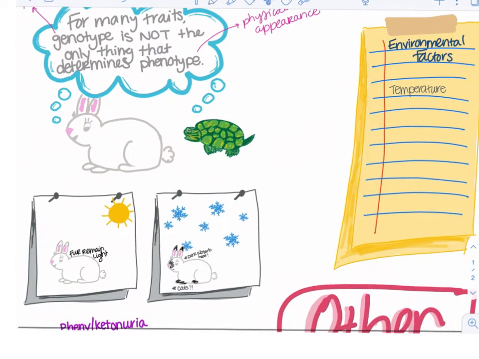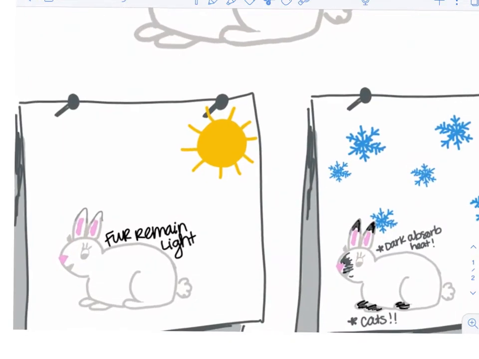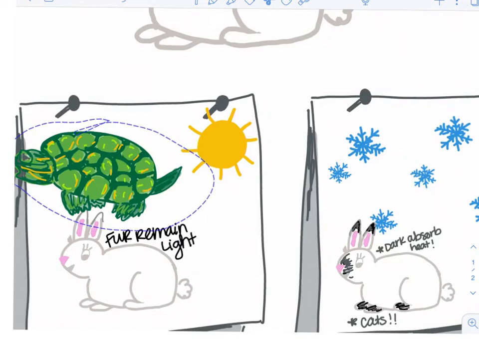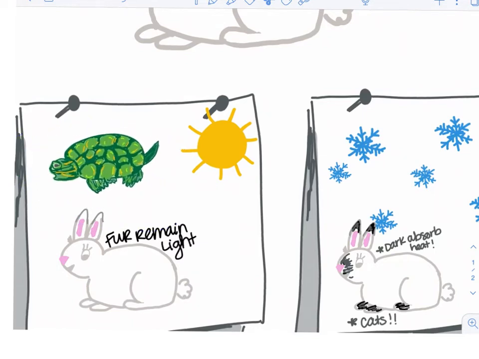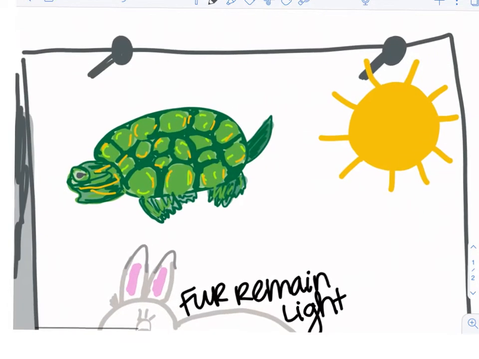Another example is our turtle. Good little turtle here. This is not true for all turtles, but one species of turtle develops embryos that have no sex chromosomes.